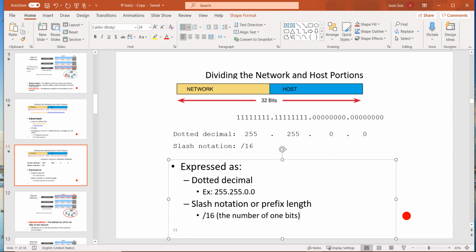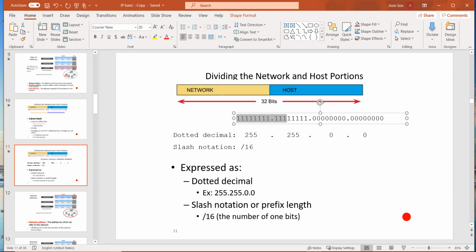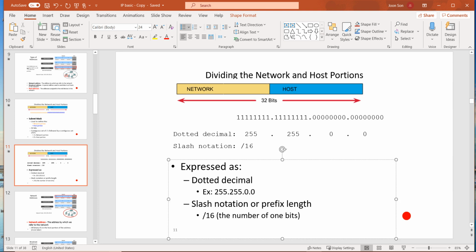So it's /16 because it has how many ones? It has 16 ones, right? So that's why we can use either dotted decimal notation, or a prefix notation, /16.